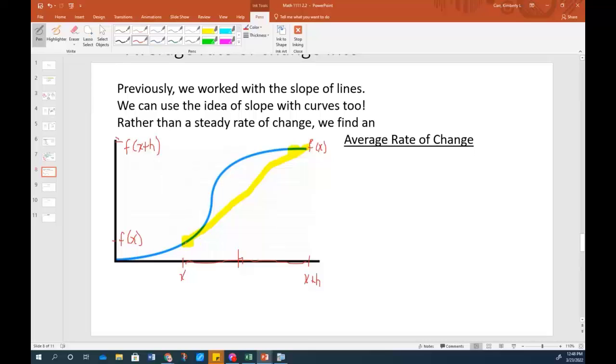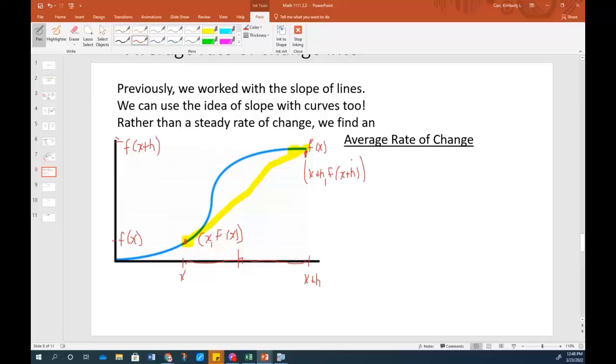So my two particular points could be written as ordered pairs. This one is (x, f of x). But this point is (x plus h, f of x plus h), which just means the y value of that x, right?